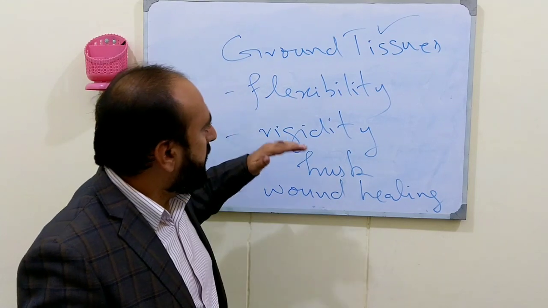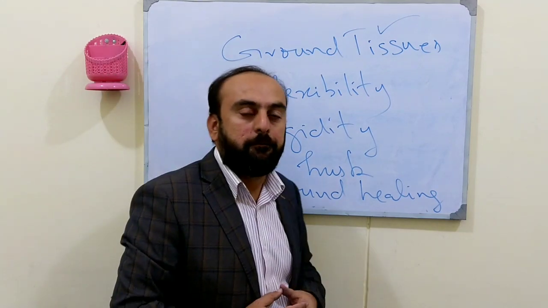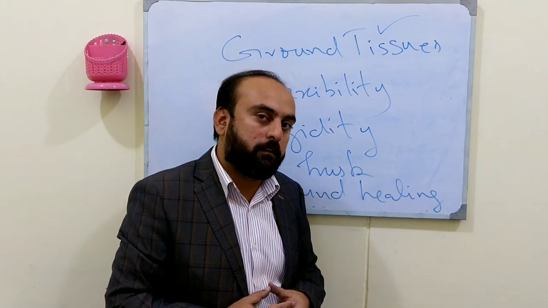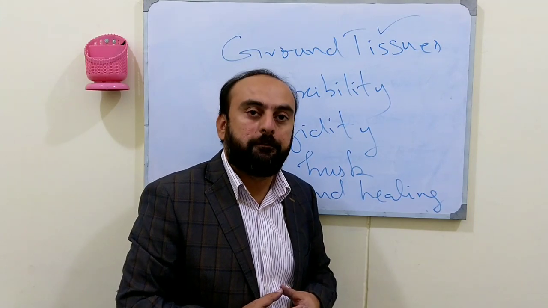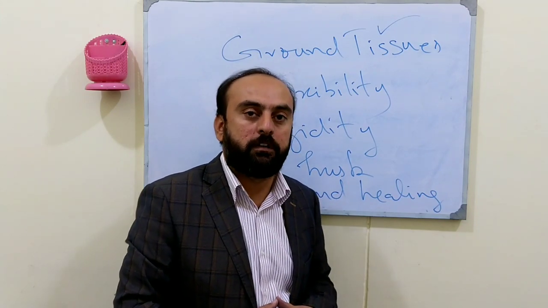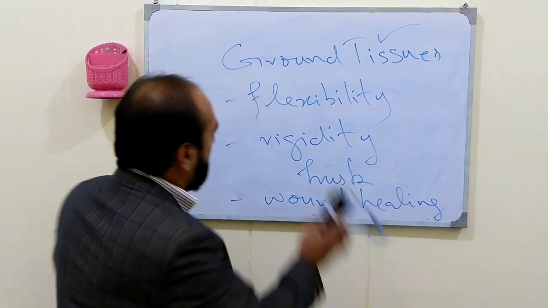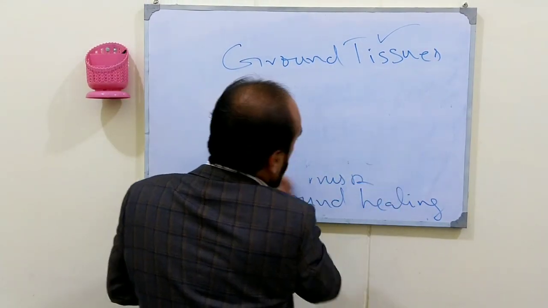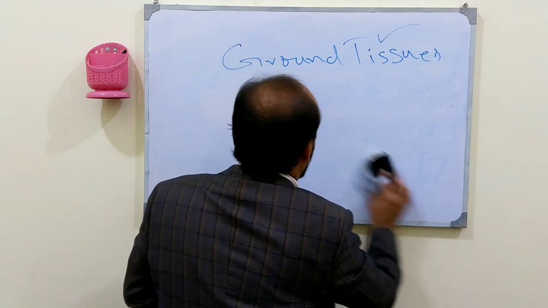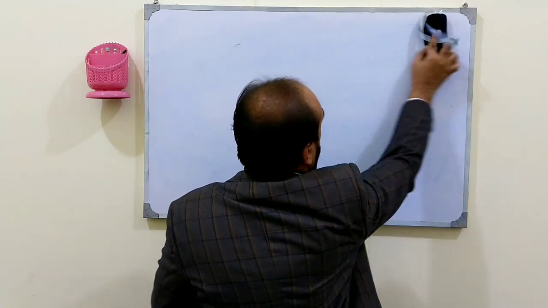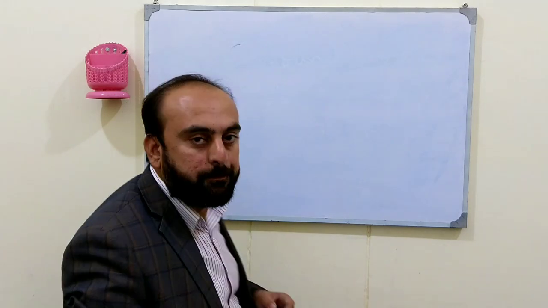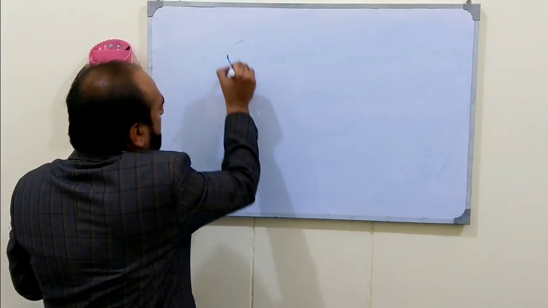As I told you, ground tissue consists of three types of simple tissues or three types of cells. So now we look into more detail at these three types of cells: parenchyma cells, collenchyma cells and sclerenchyma cells.